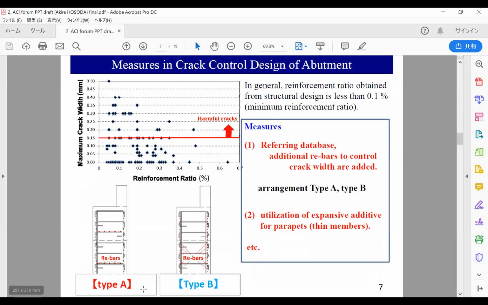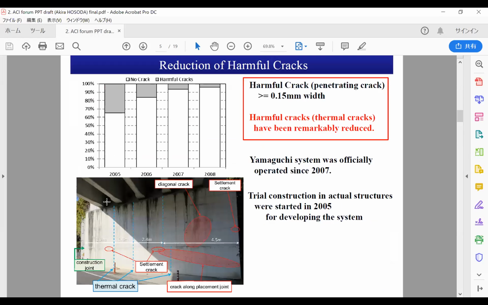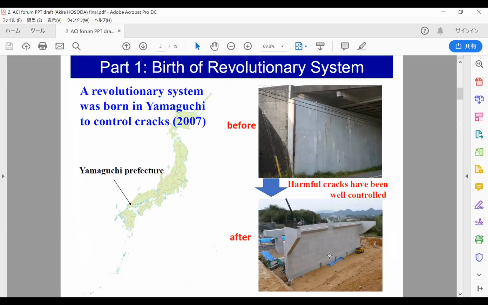This is the footing; of course, foundations are below the footing, and this is the vertical wall of the abutment. This is the parapet, and here the girder will come. So they wanted to control thermal cracking generated in the vertical wall or parapet part. Do you understand?